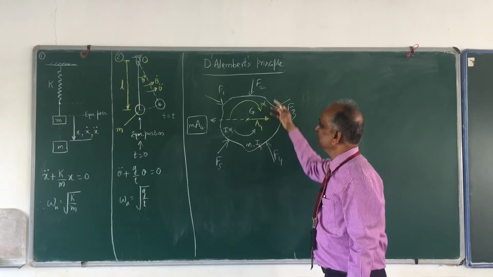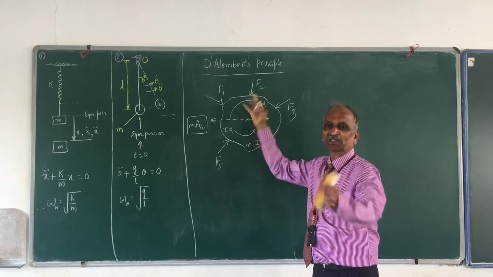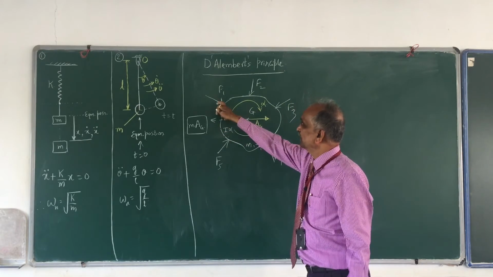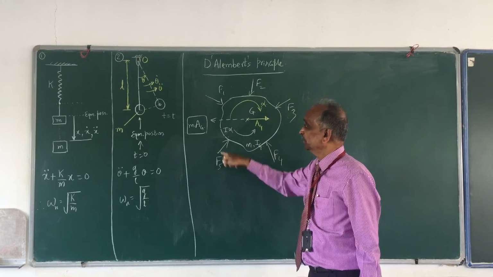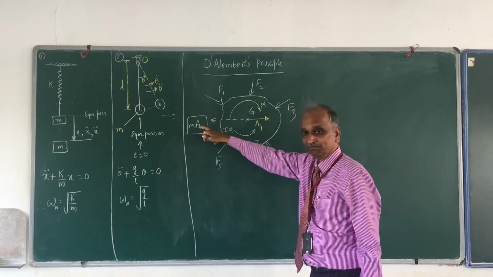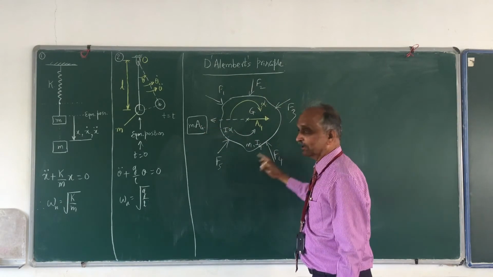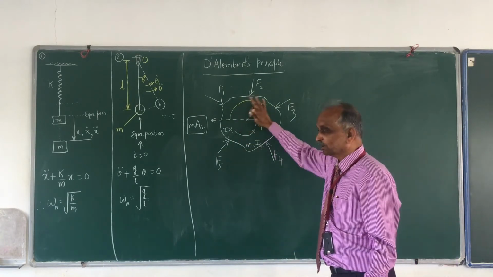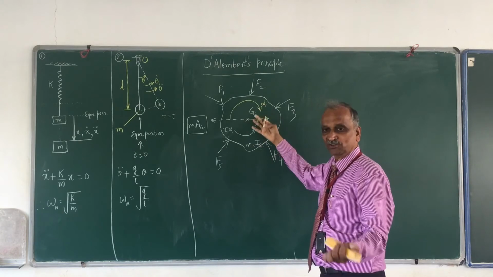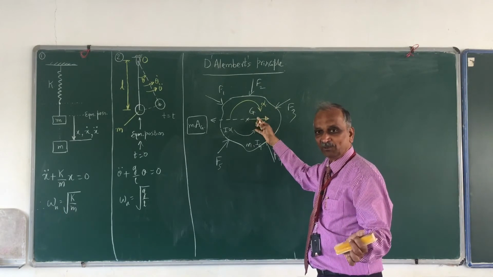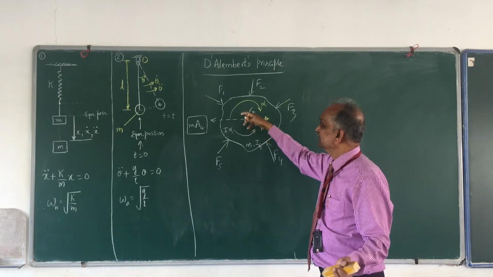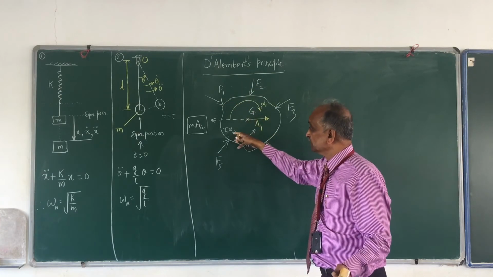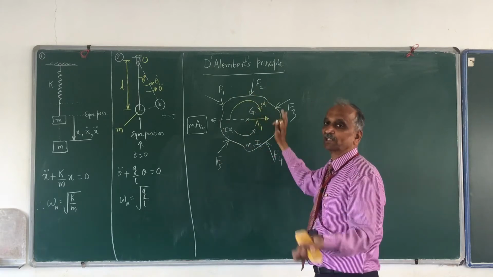If I apply I into alpha, then even the rotation is not taking place. Then all these forces F1, F2, F3, F4, F5 and this M into AG, the resultant of all this must be 0. Because it is not moving, it is stationary now, and I can apply equilibrium conditions. Similarly, the moment due to all these forces about G, including this I into alpha, also must be 0.